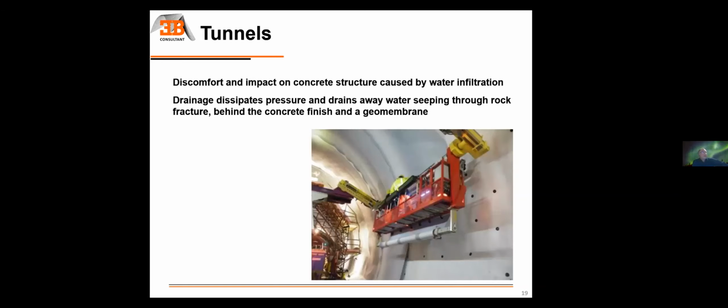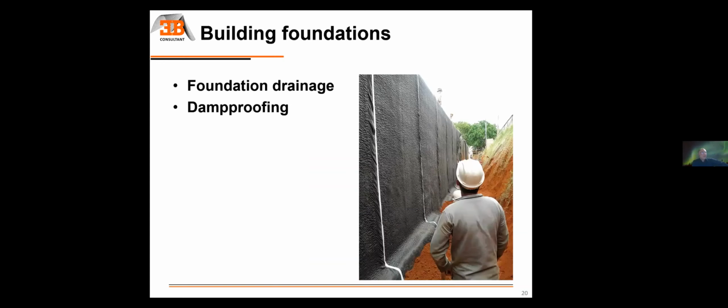Tunnels, drainage layers are installed between the liner and the concrete, to avoid disturbance and maintain the properties of the concrete in the long run. Building foundations. So now in North America, at least in Canada, the National Building Code has made it mandatory to have a drainage layer or a damp-proofing layer around every new building in residential constructions.